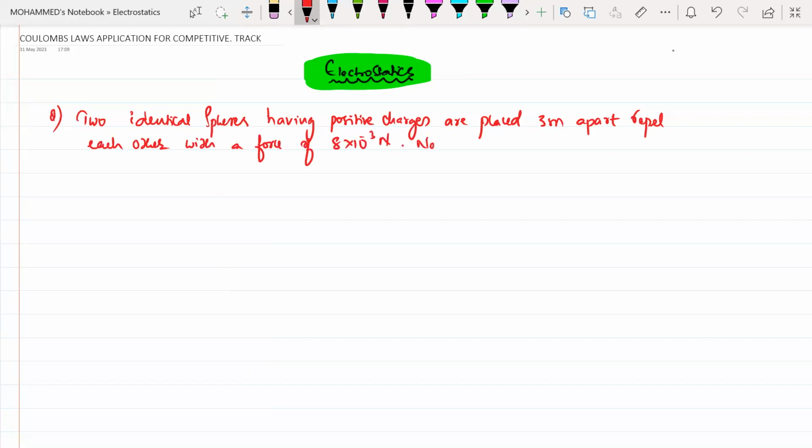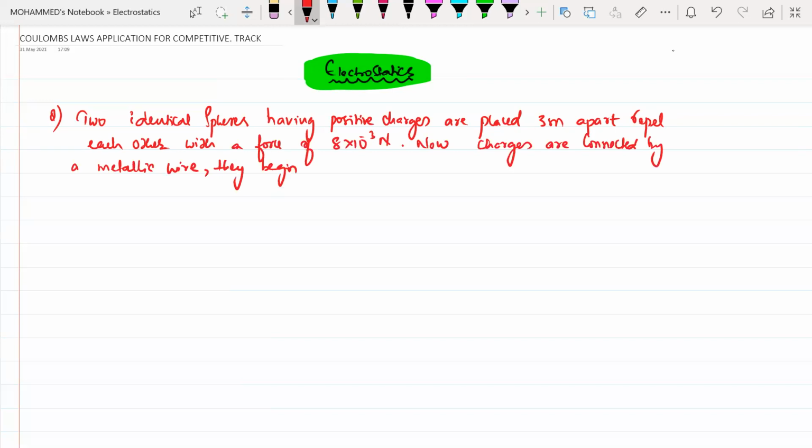Now, the charges are connected by a metallic wire. This is something very important. Connected by a metallic wire. So what happens?